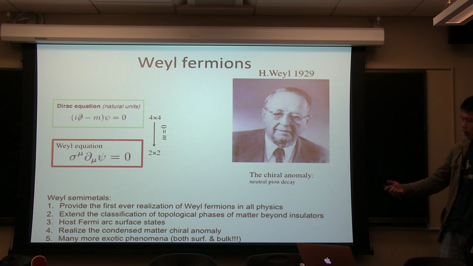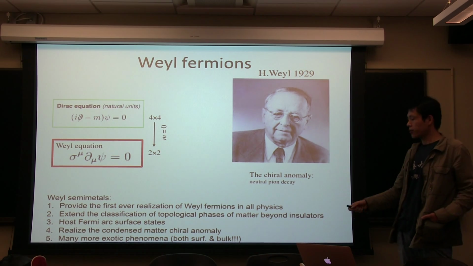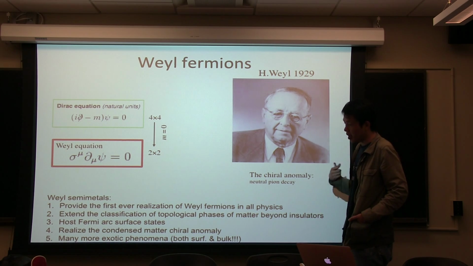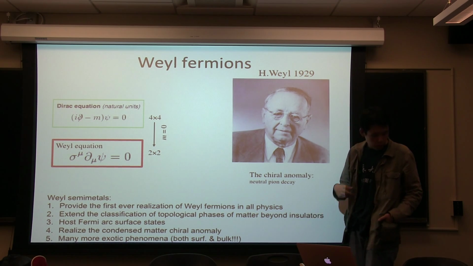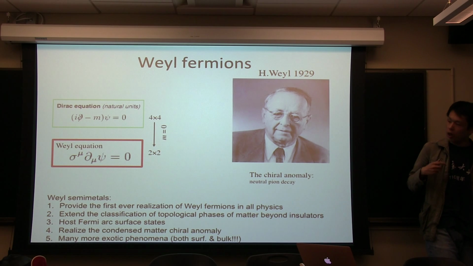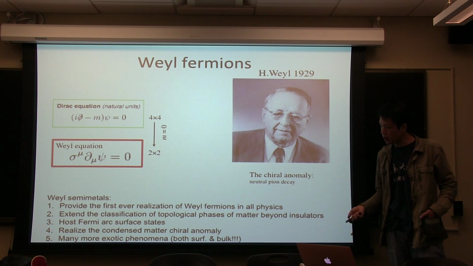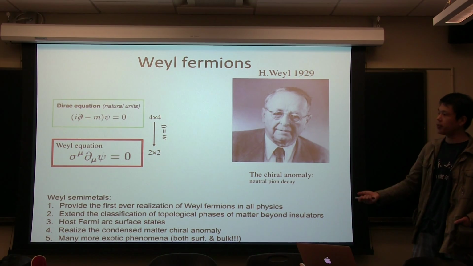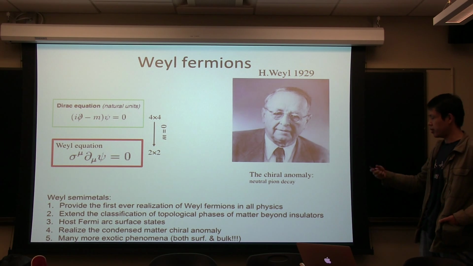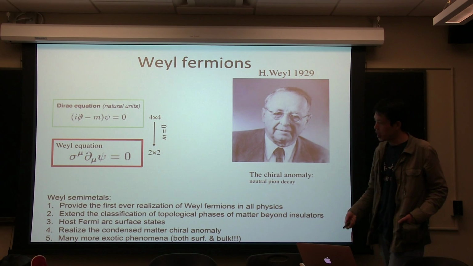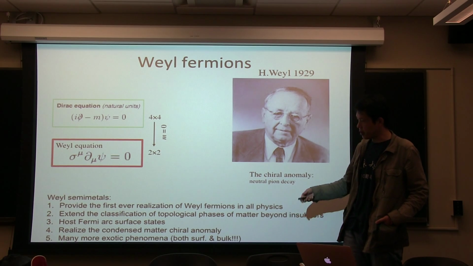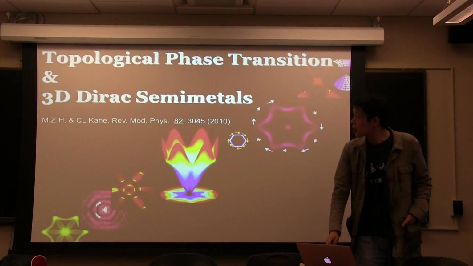In the bulk we have the Weyl fermions, and on the surface there are Fermi arc surface states. This opens up a whole lot of research opportunities for bulk-sensitive probes such as transport, and also surface-sensitive probes such as ARPES and STM.